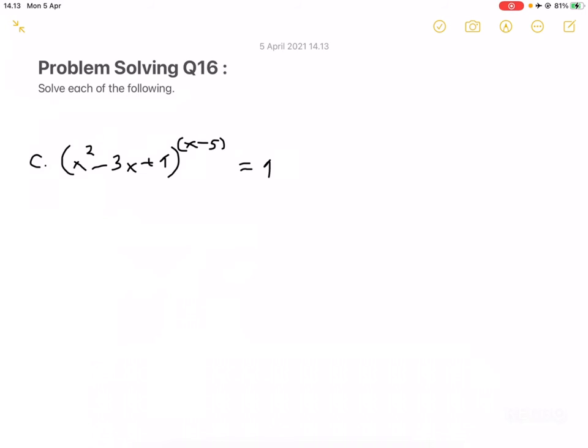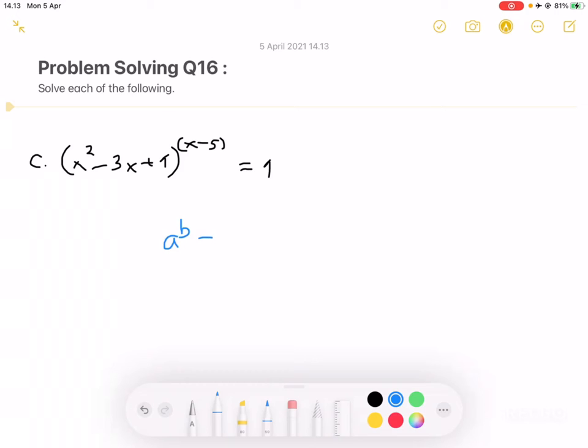Now for part C, it's a bit tricky because we have a function as the base and a function as the exponent, and that along will be equal to 1. The trick here is to take all the exponent identities and find which ones will give us an output of 1.